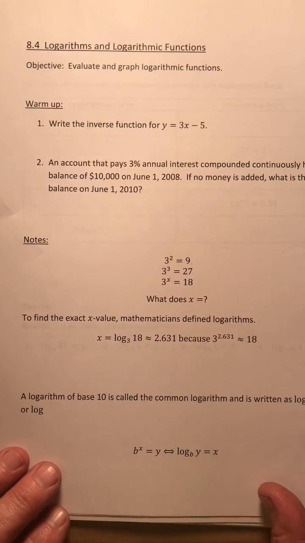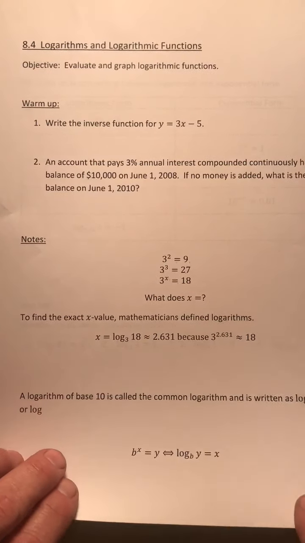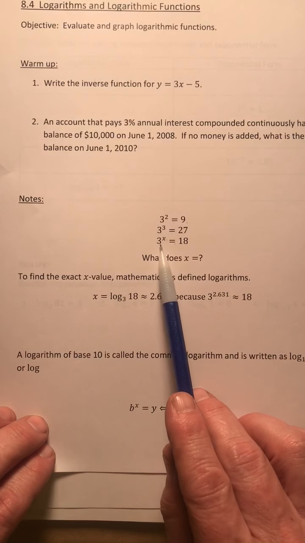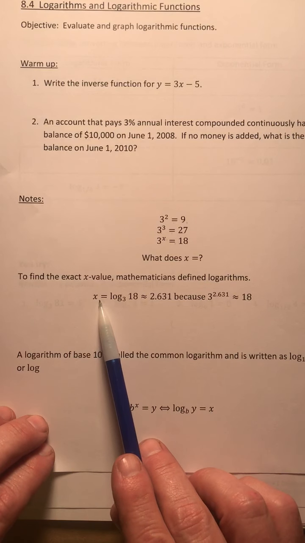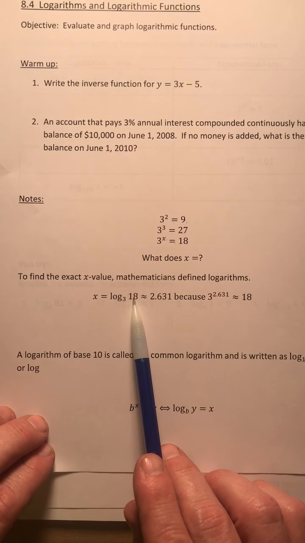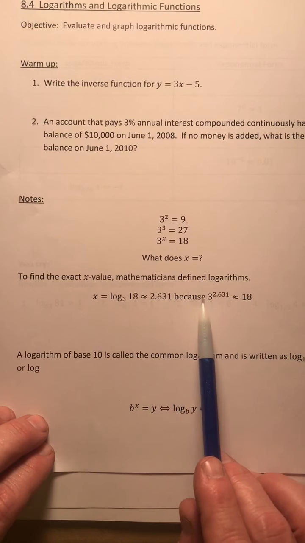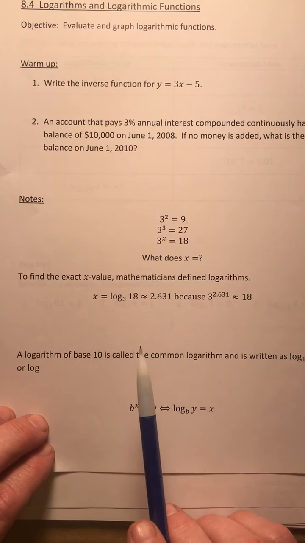So what happened was the mathematicians developed these things called logarithms. And logarithms are to solve problems like this so that we can find out the answer. So what they did is they found out that if we do log base 3 of 18, we get 2.631. And it turns out that 3 to the 2.631 is approximately 18.